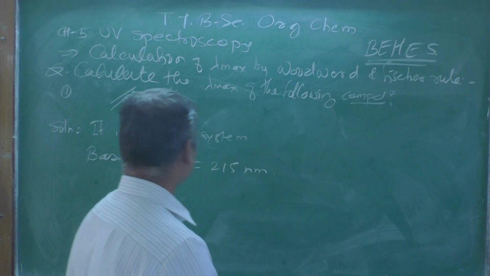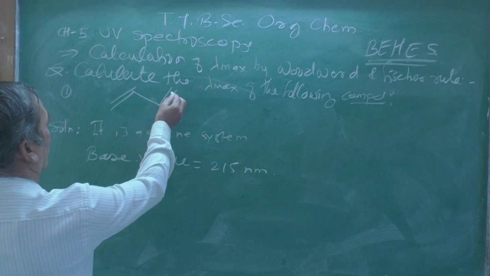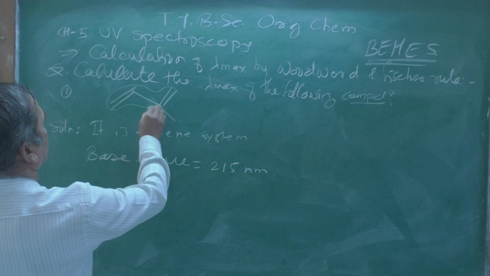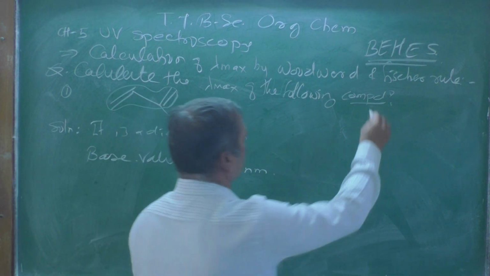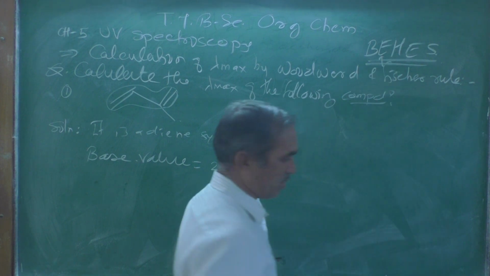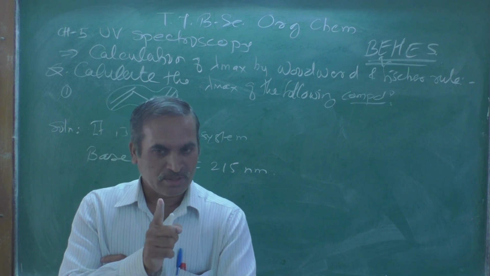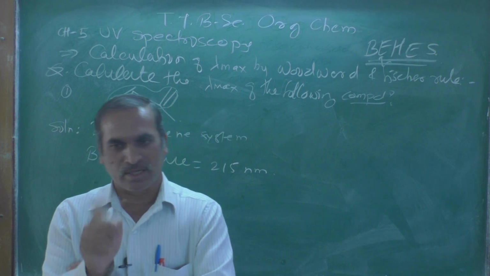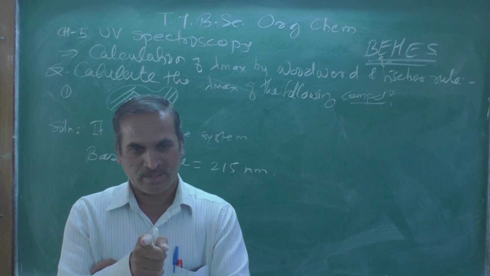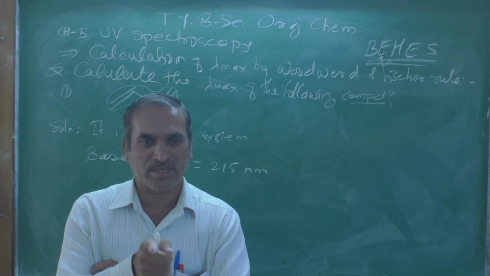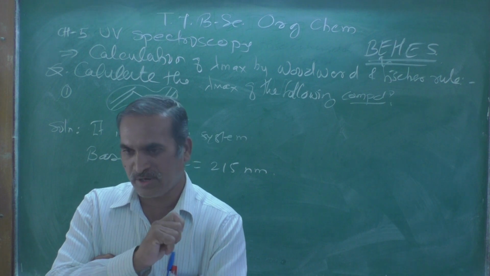Now circle it or mark it like this. This is a diene system. Next, E stands for exocyclic double bond. If there is a ring present, observe that ring and see outside, is there any double bond present?